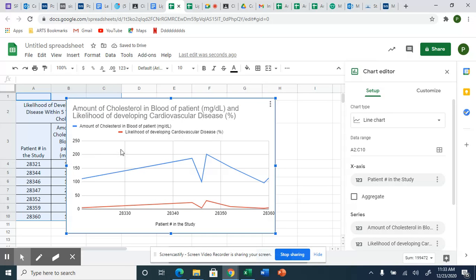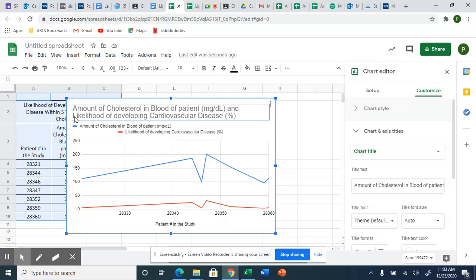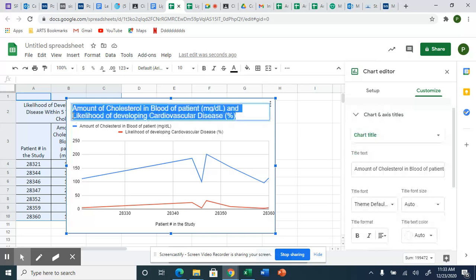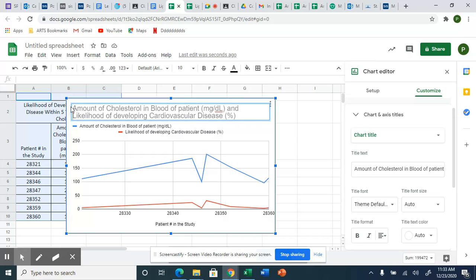Ah, that's a beautiful chart. This is the title. Let's call this amount of blood.